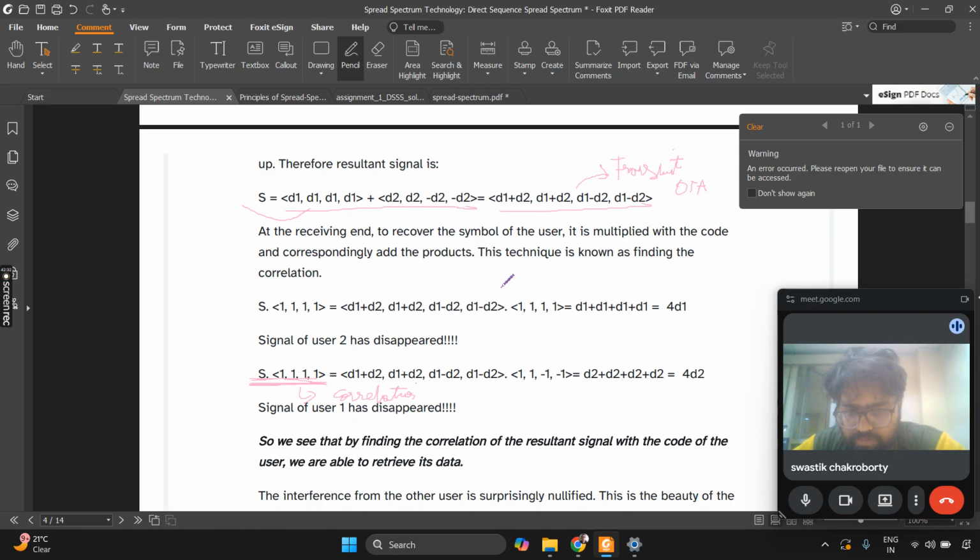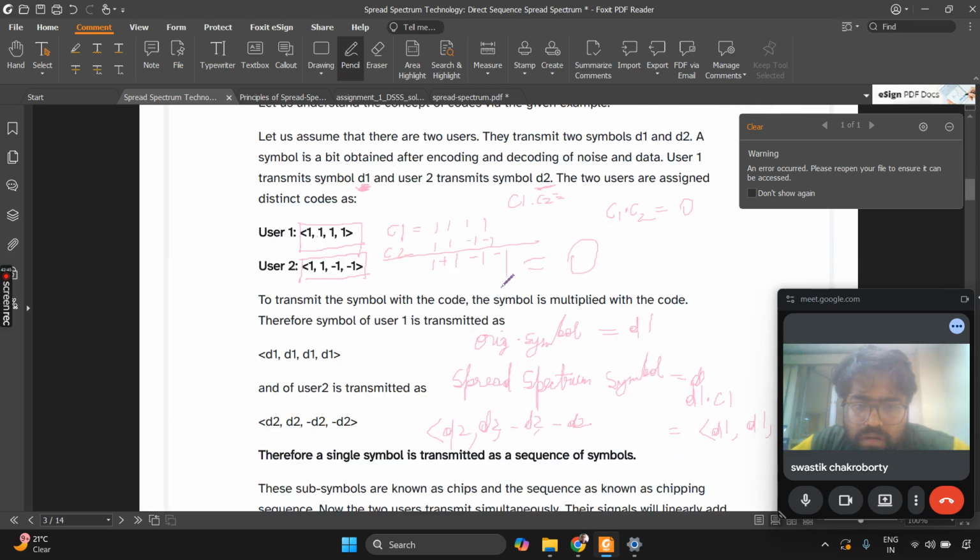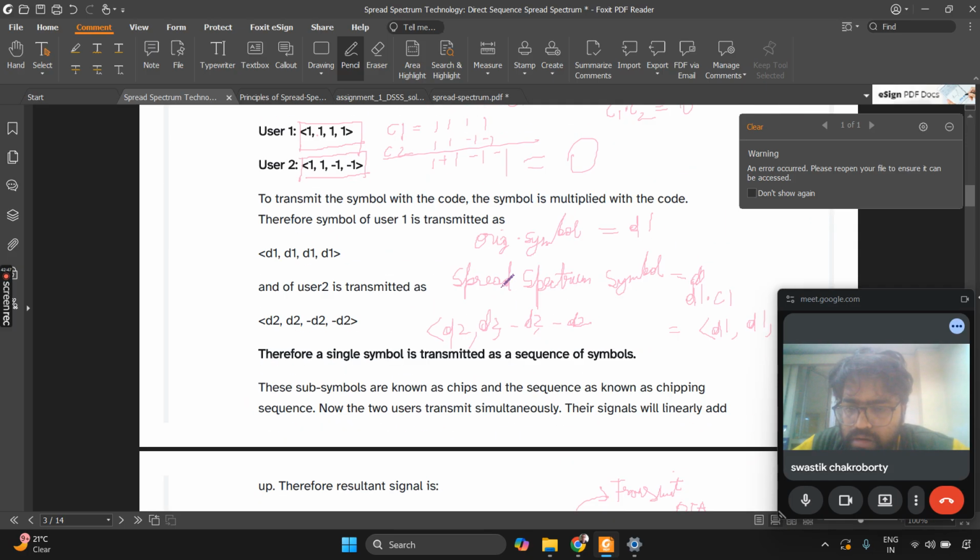So he effectively retrieves d1, which is his intended message. For user 2, you multiply with 1 1 minus 1 minus 1 and you will see it is d2 plus d2 plus d2 plus d2, so it is 4d2.